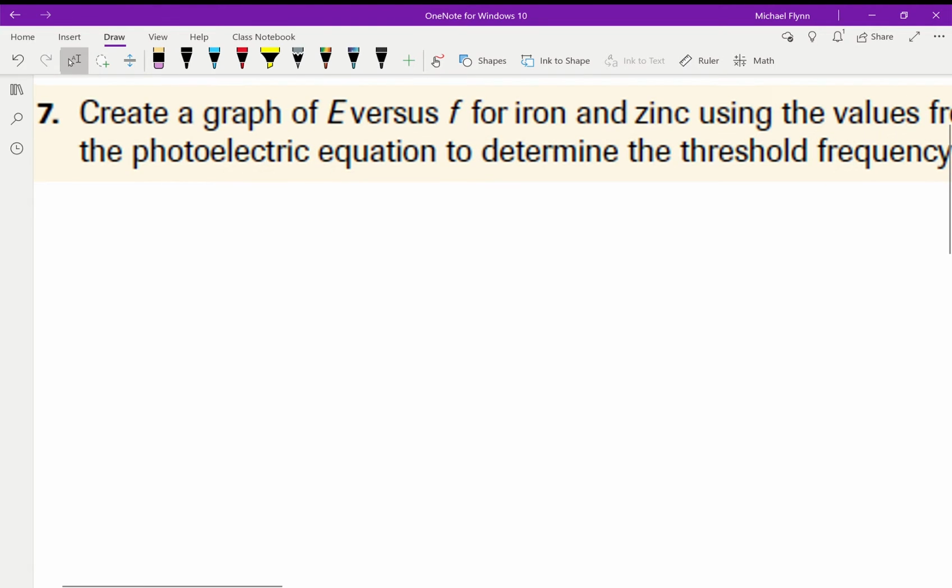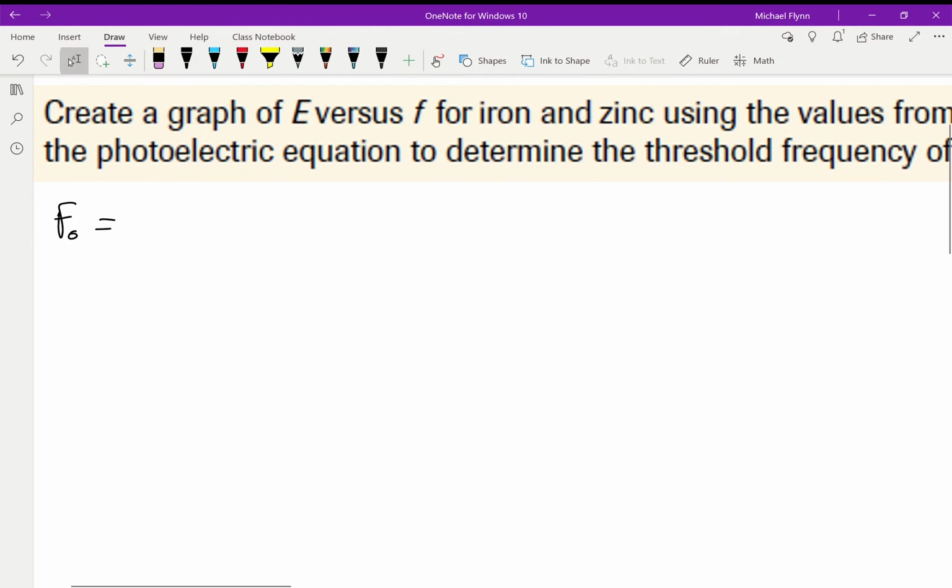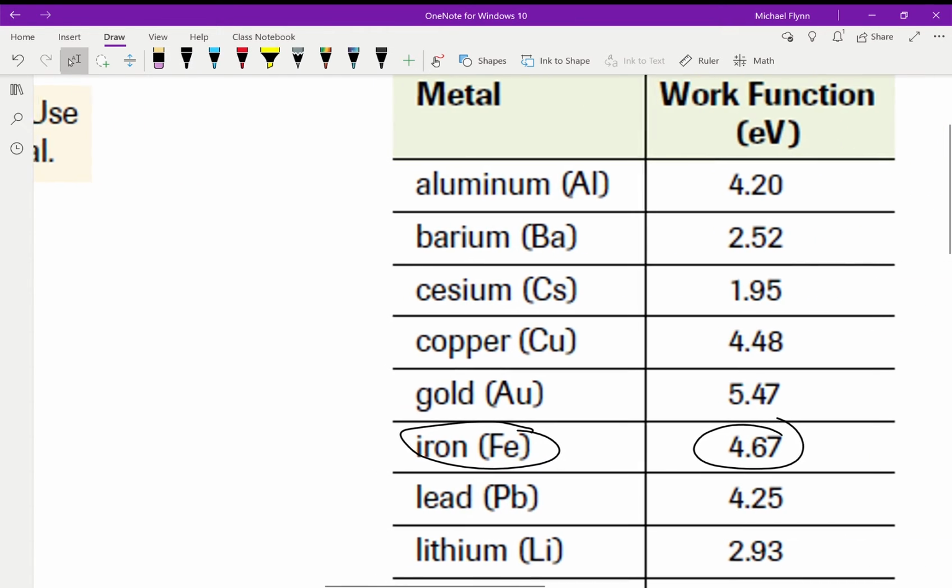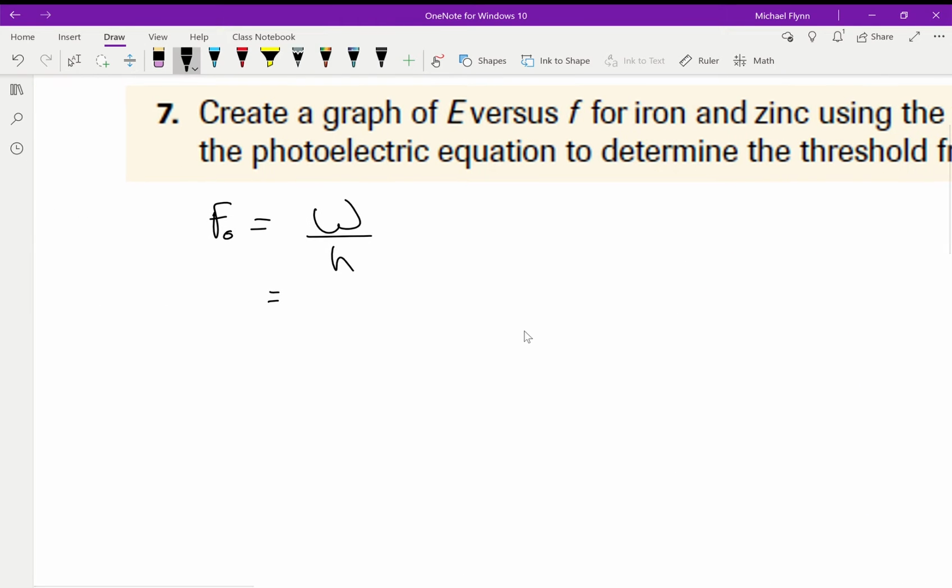All right, now what we're going to do first is find the threshold frequency. So the threshold frequency for iron will equal the work function divided by h, which is Planck's constant. Now we're going to have to convert the work function into joules, so for iron it's 4.67 eV, so it's 4.67 times 1.602 times 10 to the negative 19 joules per electron volt.